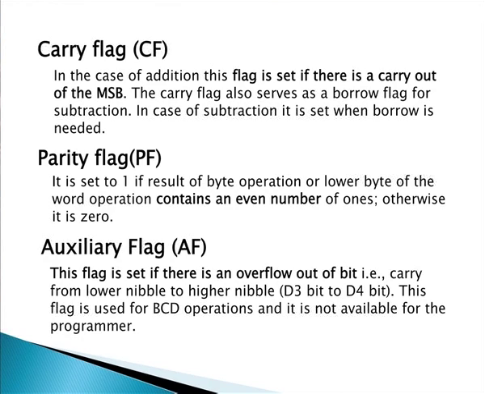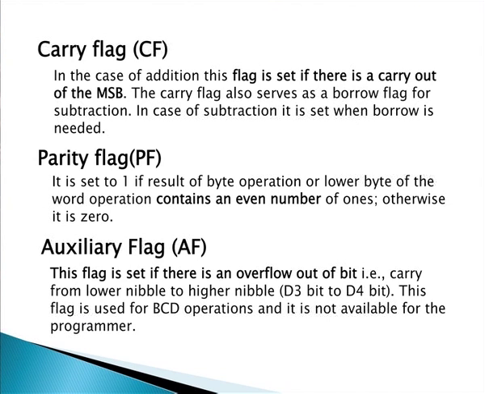As the name suggests, a carry is generated whenever we perform an operation and the result is out of the maximum limit. In case of addition, this flag is set if there is a carry out of the MSB, that is the most significant bit position. The carry flag also serves as a borrow flag for subtraction.